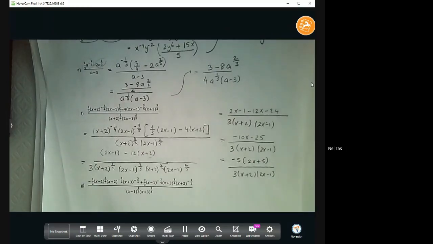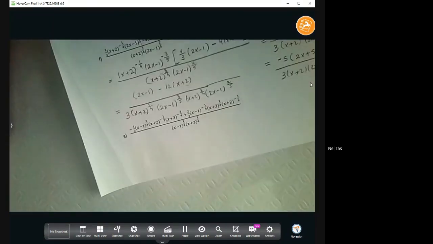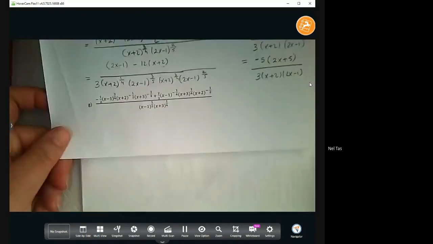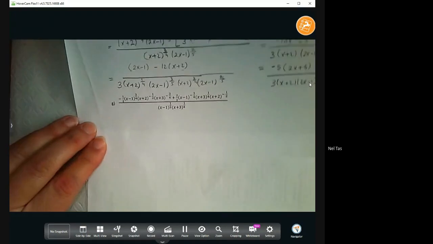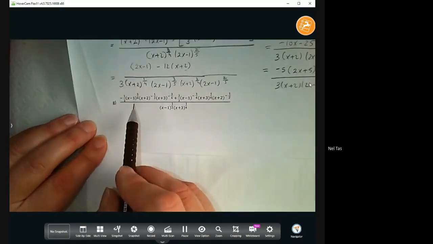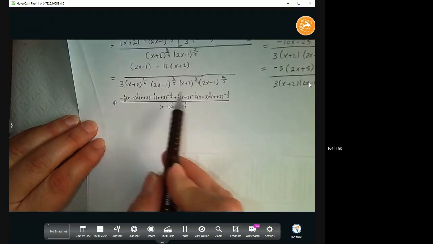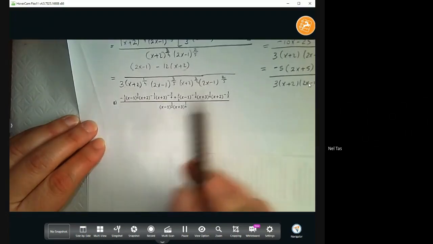Okay, so last example in the handout. Let's look at the numerator. We have two terms in the numerator, this and this. Let's check the numbers.